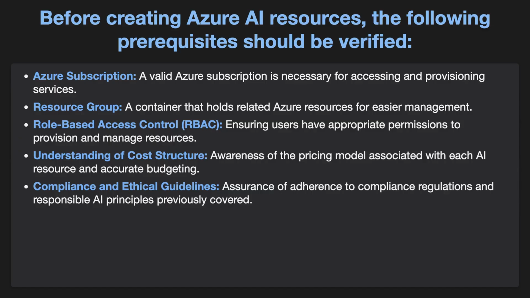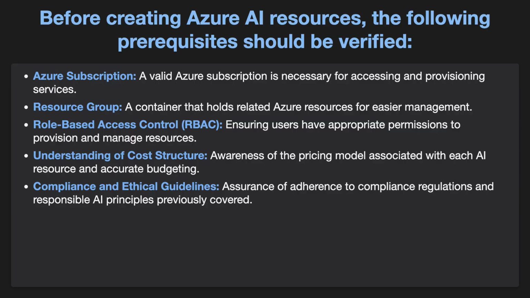Before creating Azure AI resources, the following prerequisites should be verified. Azure subscription. A valid Azure subscription is necessary for accessing and provisioning services. Resource group. A container that holds related Azure resources for easier management. Role-based access control. RBAC ensuring users have appropriate permissions to provision and manage resources.